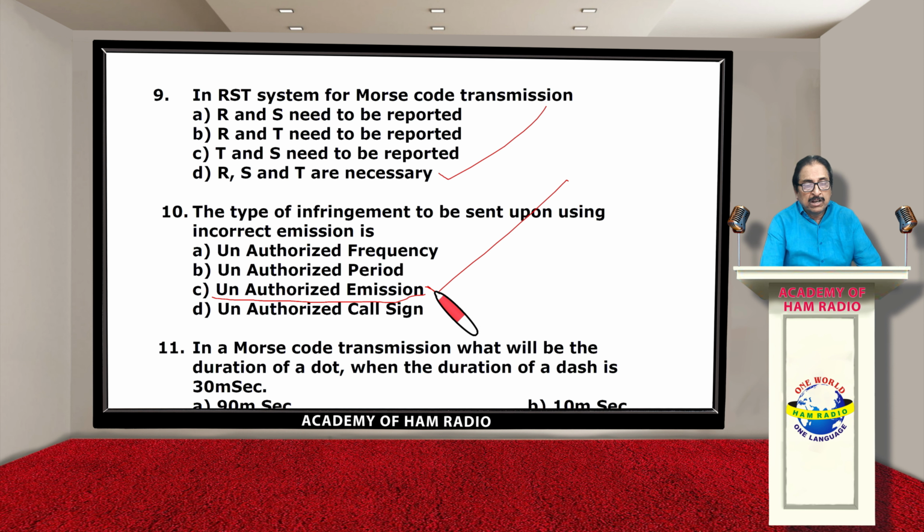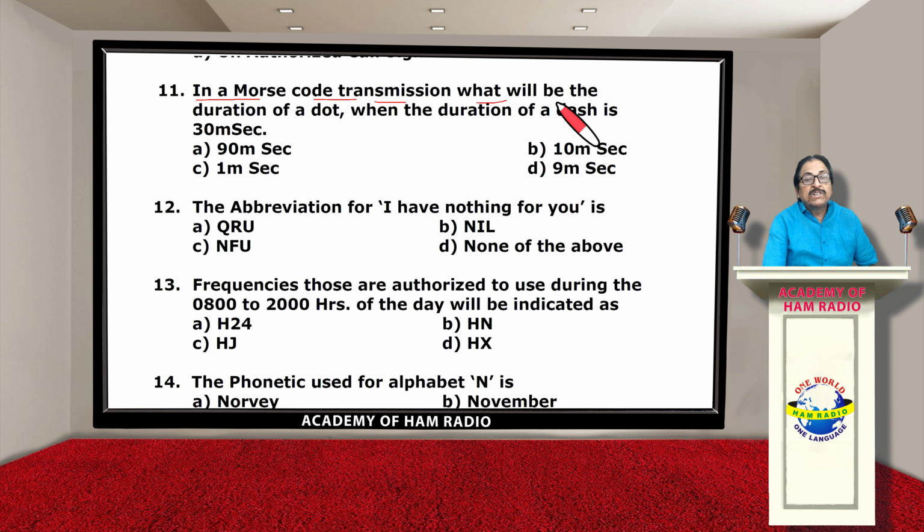Charlie is the answer. In Morse code transmission, what will be the duration of a dot when the duration of a dash is 30 milliseconds? So dot and dash, dot means it will be like this. Dash means it will be like this. Dit and dash is in a 1:3 ratio. So dash should be 3 times more than the time taken for dit.